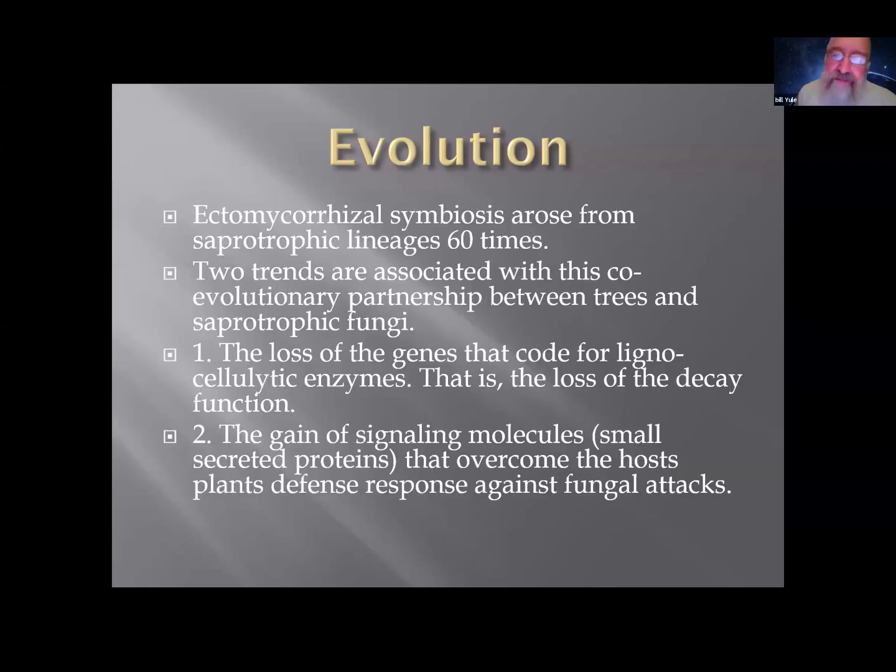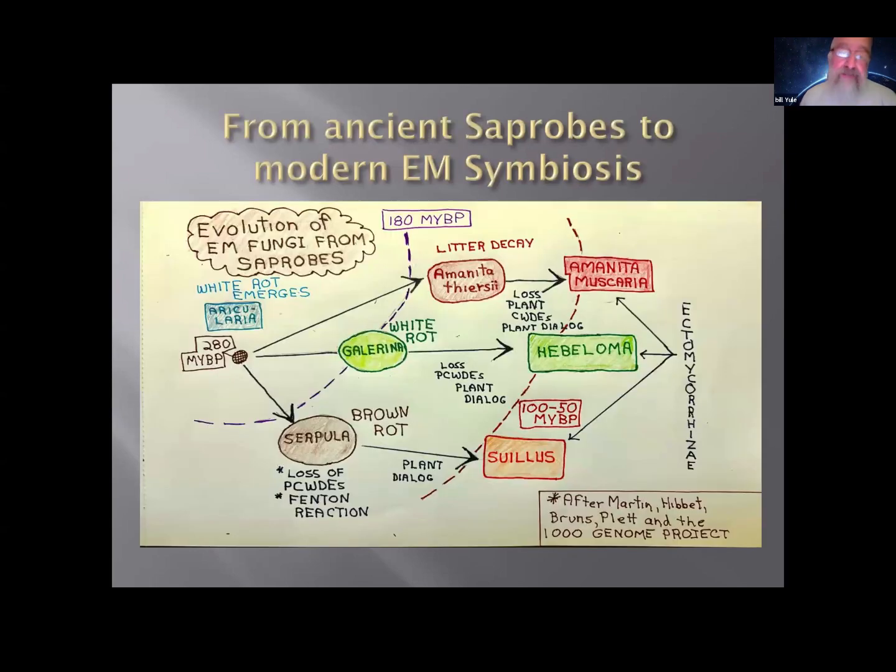Two things have to happen for the evolution of decay fungi to ectomycorrhizal fungi. They have to lose the decay function, and then they have to gain the genes that code for disabling plants' defense mechanism. And that's all that has to happen for a fungus to evolve, over millions of years of course, into an ectomycorrhizal fungus. And it's happened at least 60 independent times.